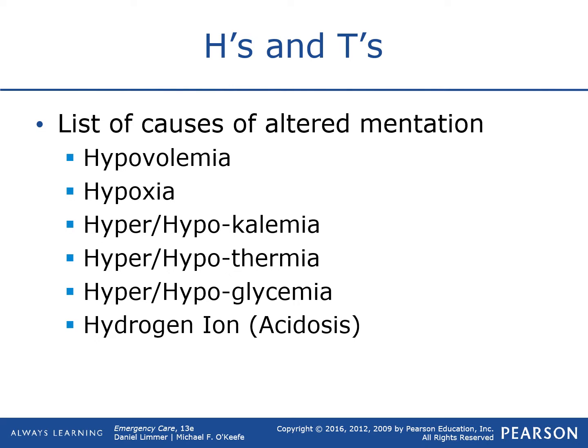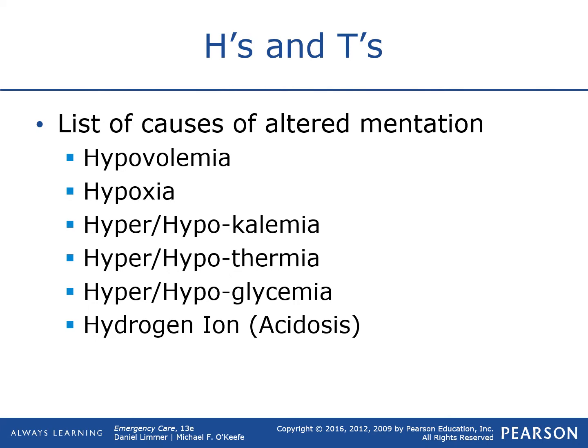Next one is hydrogen ion, which is pretty much trying to make it an H word, but it stands for acidosis. That's when our body chemistry is off, so we become too acidotic. That's something that is hard for us to determine in the field, but one of the biggest ones that we look at for a cause of that is someone who has a history of infection.